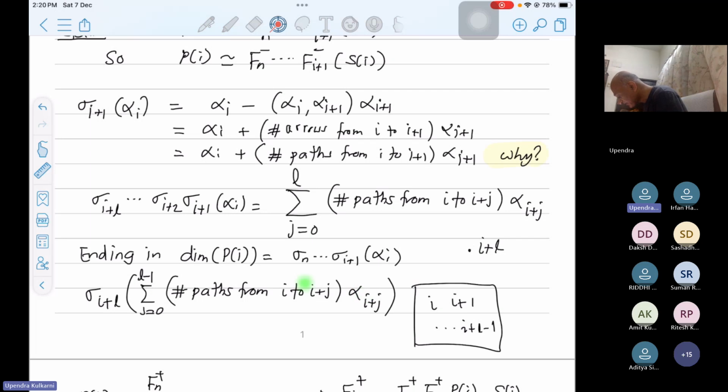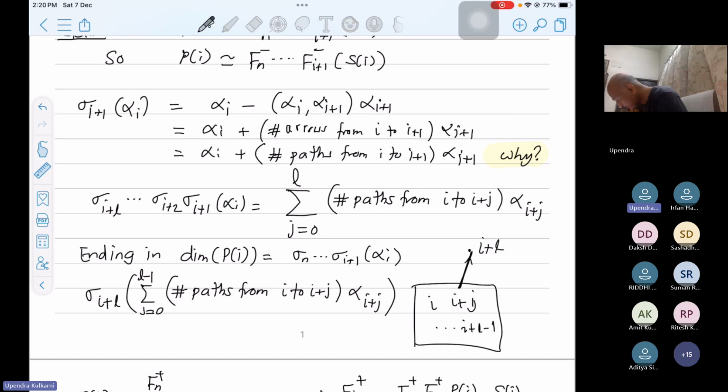Of course, all of these terms stay, and the analog of this thing comes, except instead of i plus 1, it is going to be i plus L, and these are going to be i plus j. So whenever I have some vertex i plus j over here, the thing that gets added is every such edge.